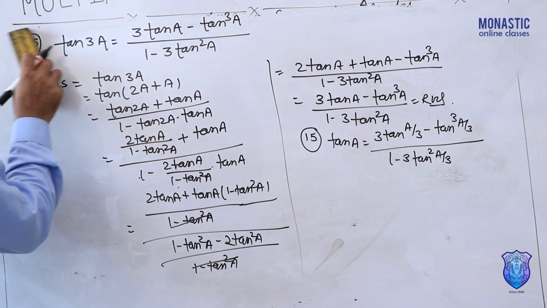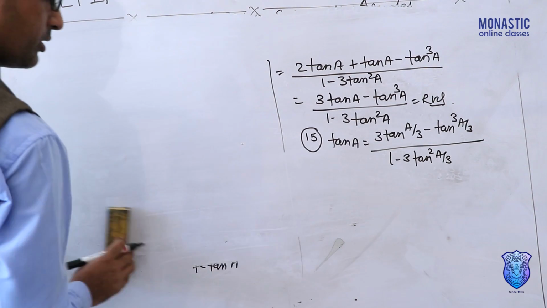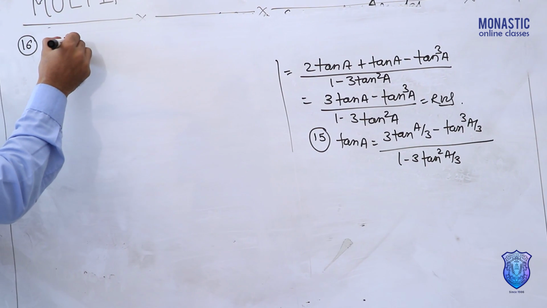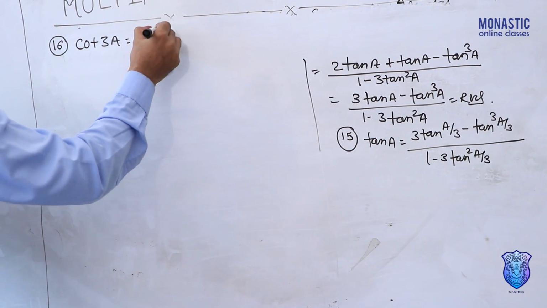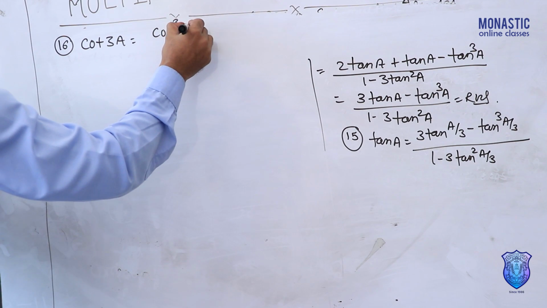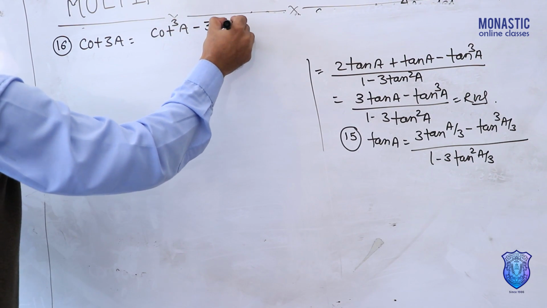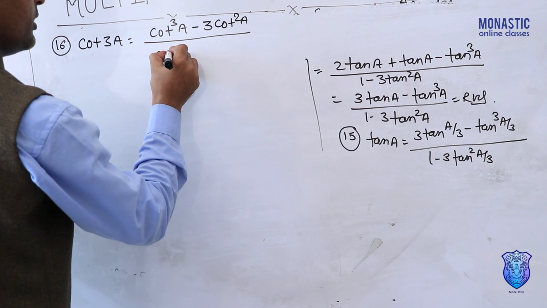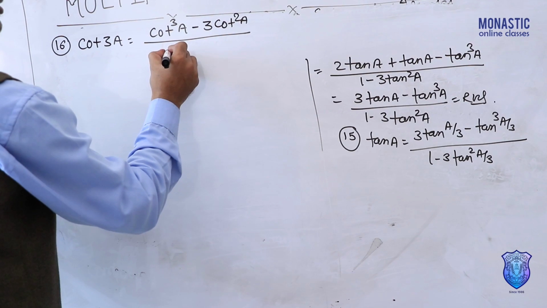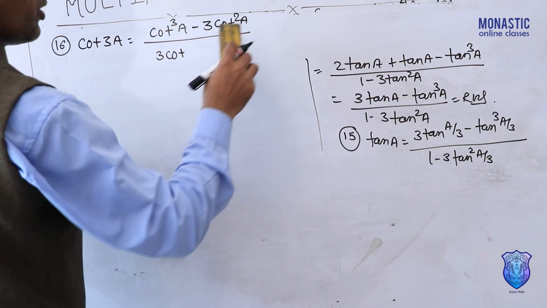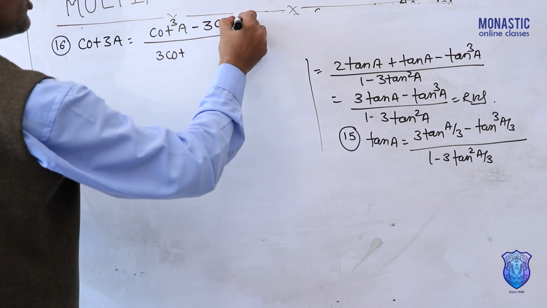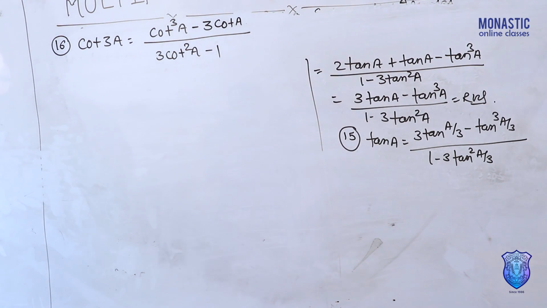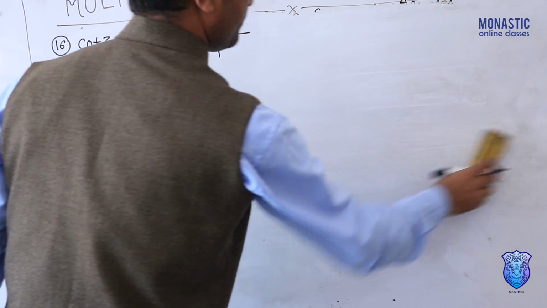And same way, we have the last formula for this exercise, that is the formula of cot 3A, that is cot cube A minus 3 cot A by 3 cot square A minus 1. That's the final formula we have.